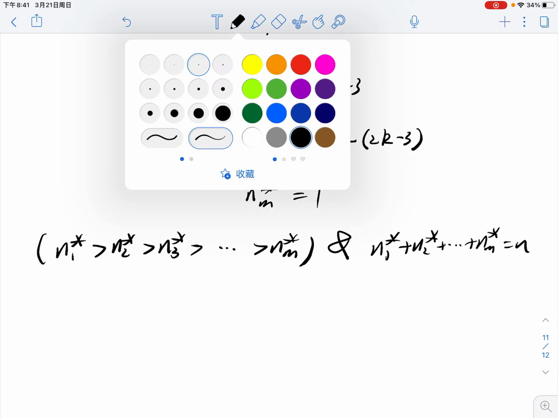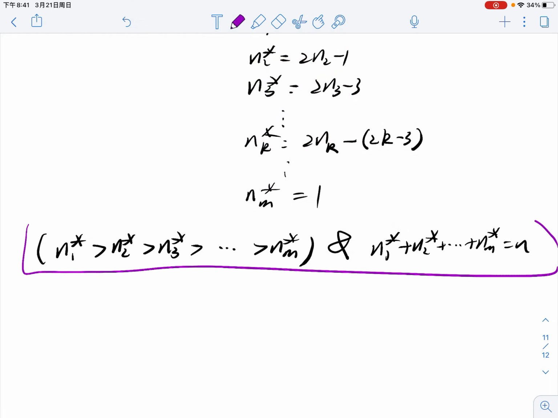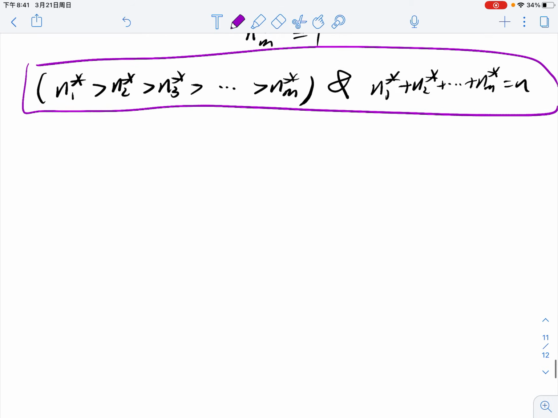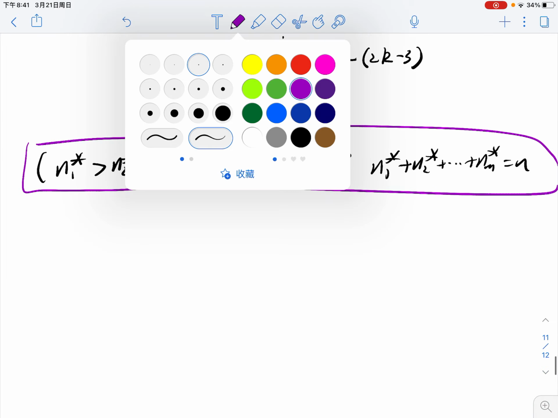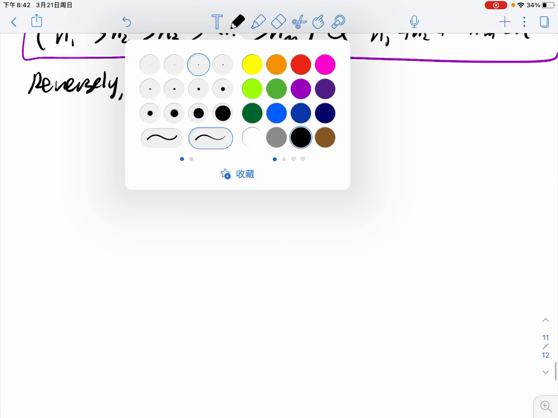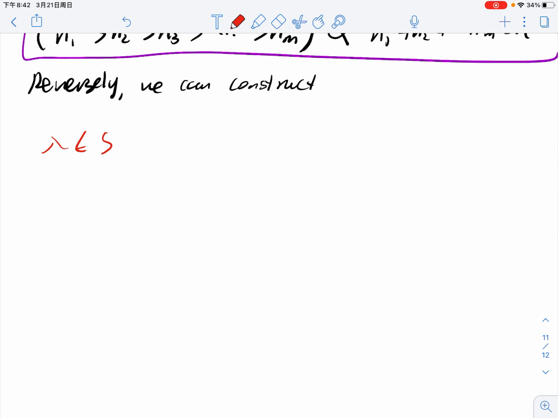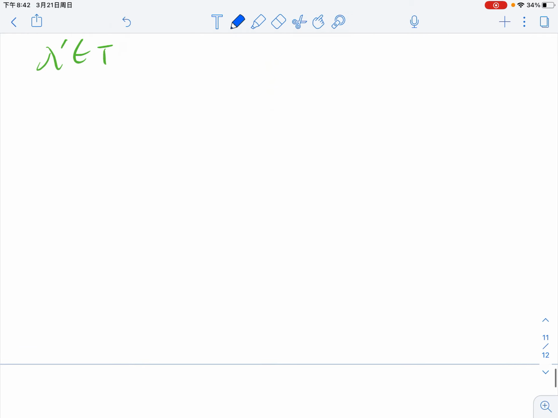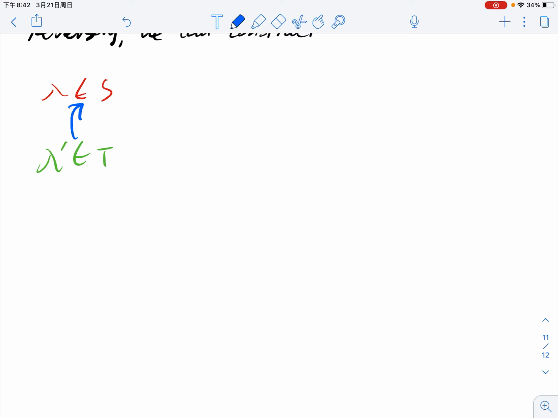This is by the property of self-conjugate partitions. Similarly, you can reverse this procedure, or we can construct a map from T to S.